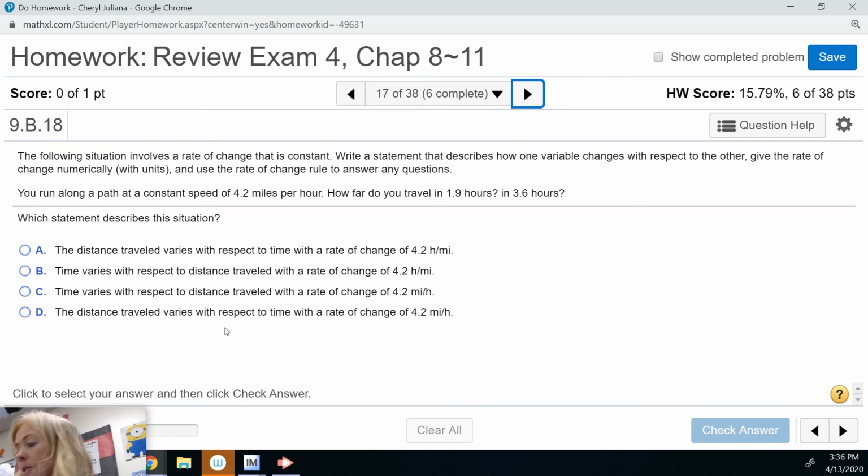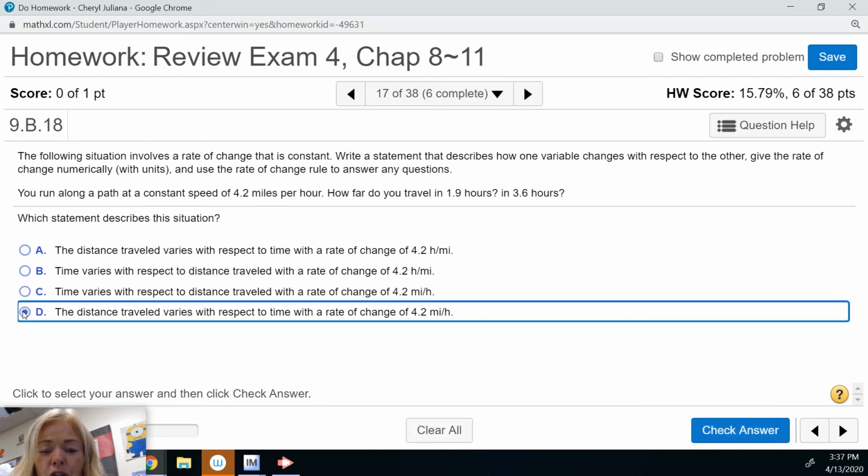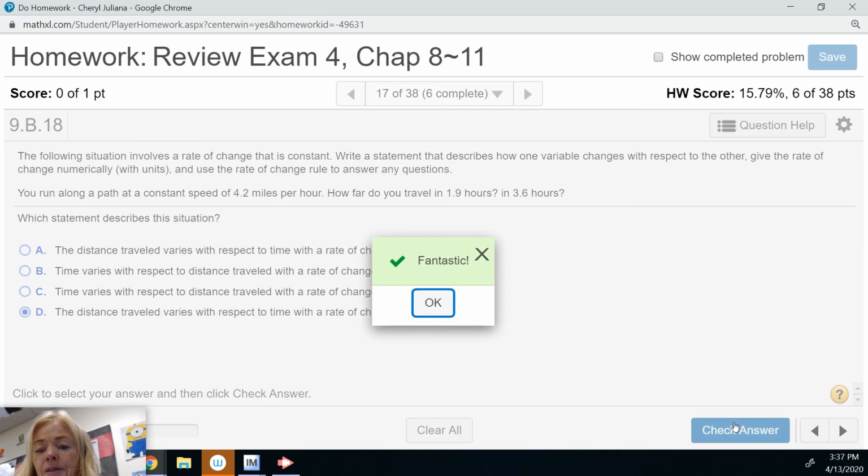Which one would you think that is? Distance varies with respect to time, so we're going to choose the last one. Your distance traveled is changing as your time changes.